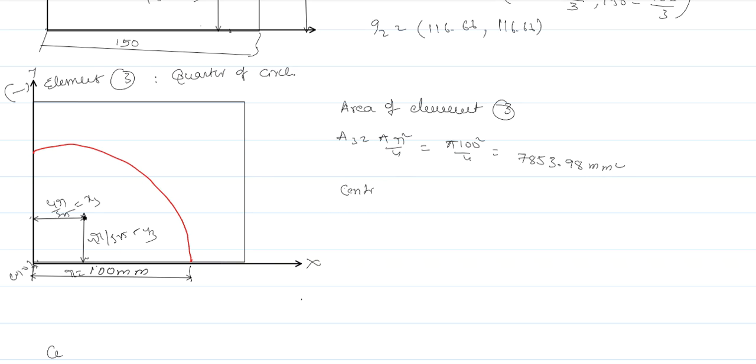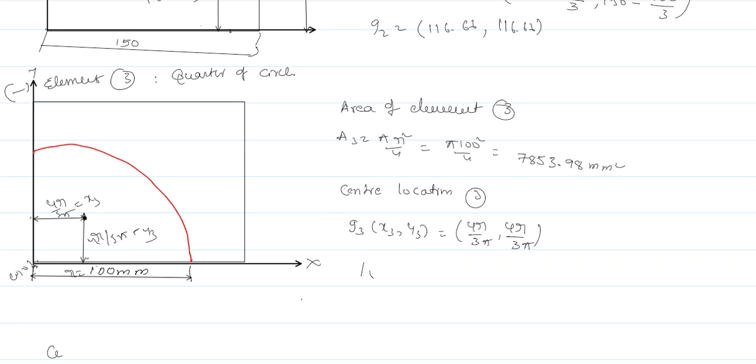Similarly, the center location of element 3, that is G3, equal to x3 comma y3, that is equal to 4r by 3 pi comma 4r by 3 pi, right?